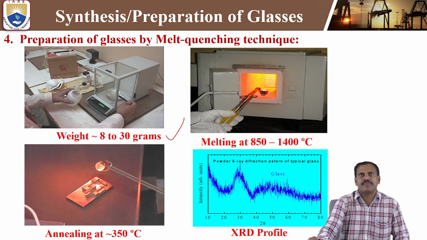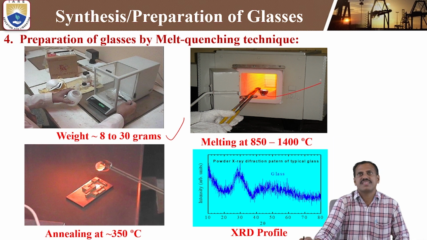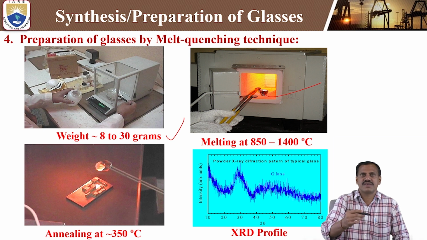In the optical balance, we take the composition by weight, 8 to 30 grams. After weighing the chemical composition, we keep it into the platinum crucible. This is the platinum crucible, and in it we keep all the chemicals that we have weighed in the optical balance.